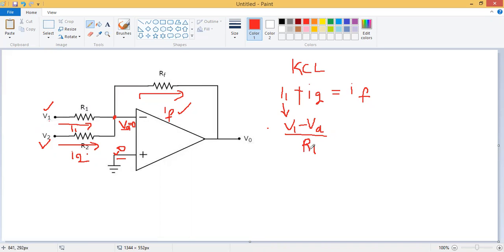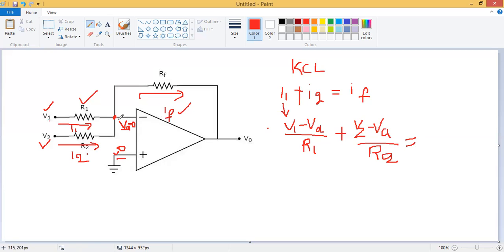The resistance which is here is R1. Now I2 can be written as V2 minus VA by R2, and the sum equals IF.